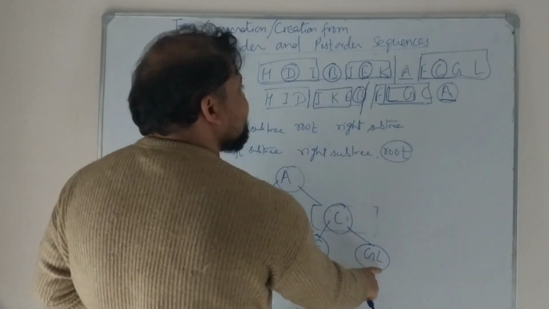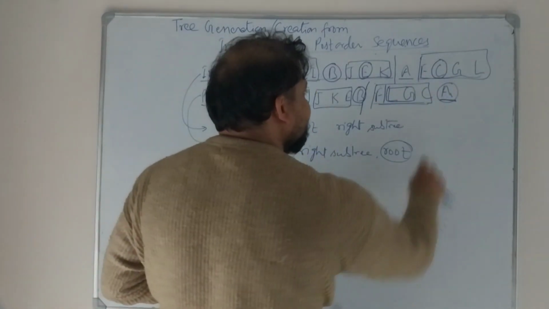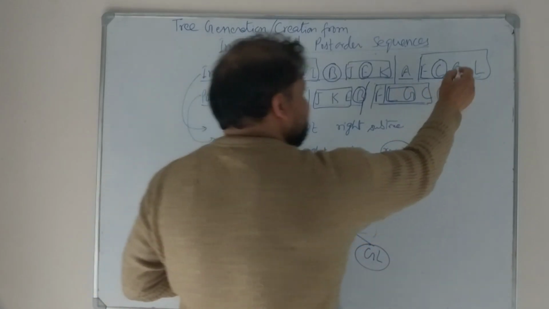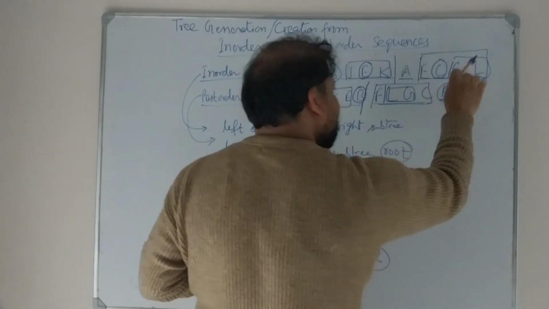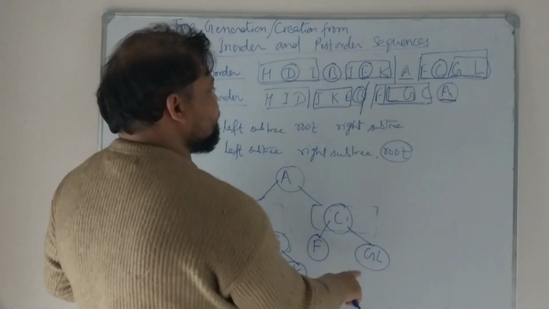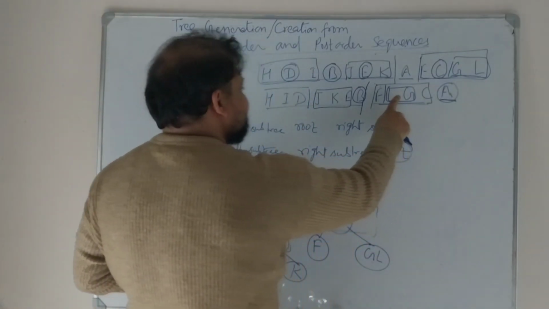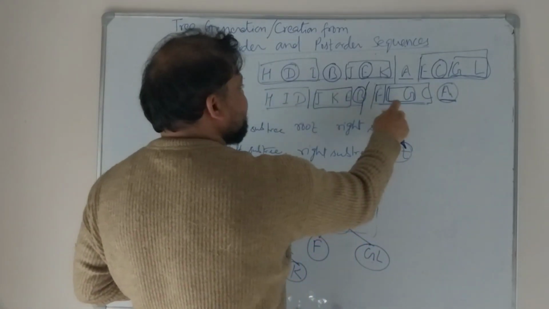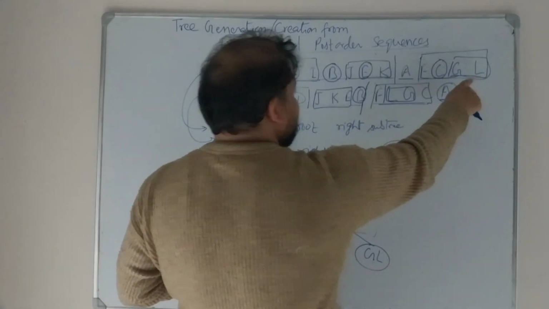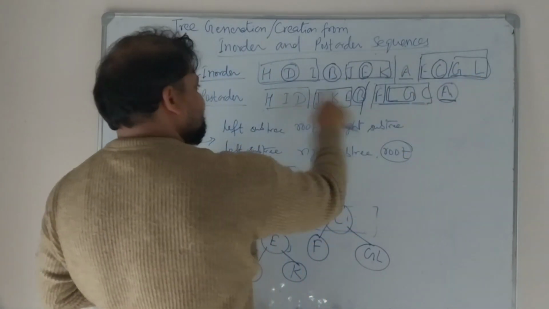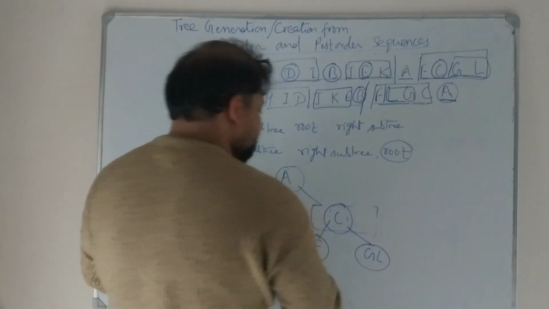Now once again for this G L, I have to check what exactly is in this subsequence. We follow the process repeatedly until we get a single element for each node. Here the post-order sequence is L G and the in-order is G L. So in this subsequence, G will be the root.